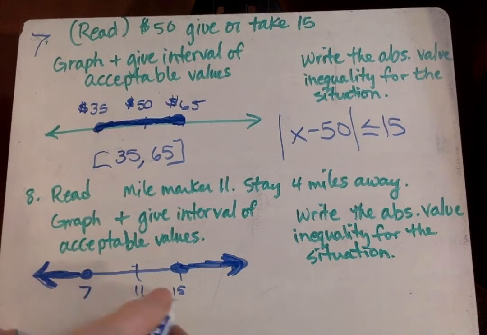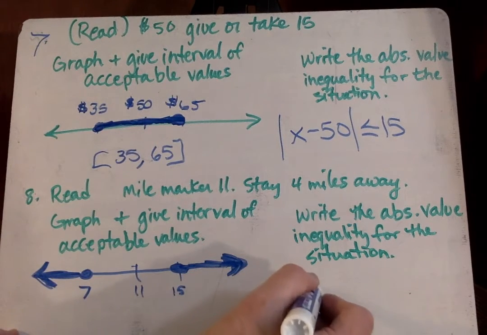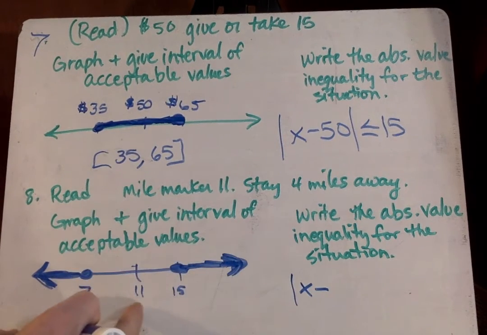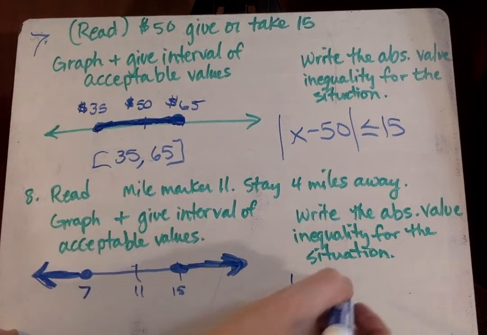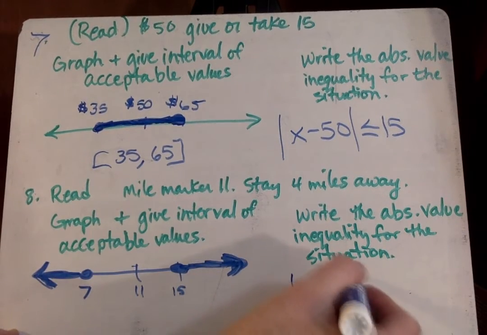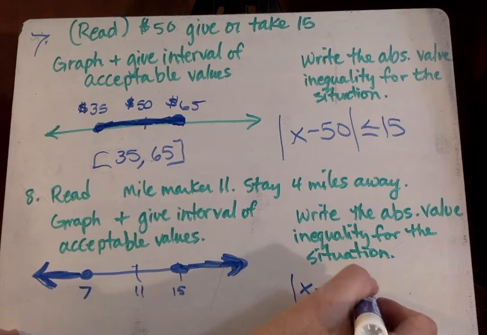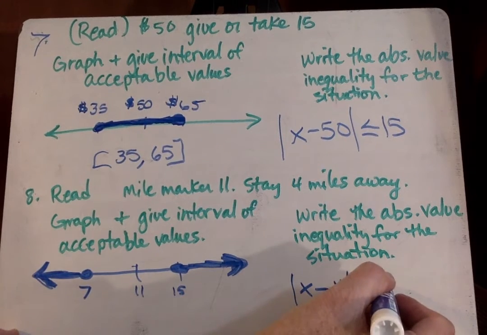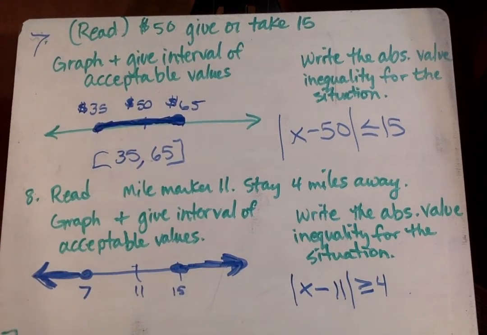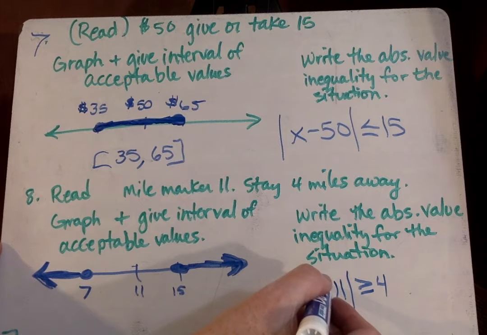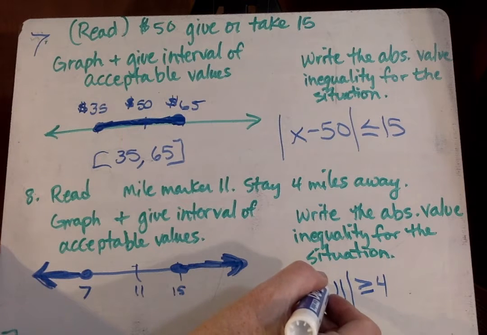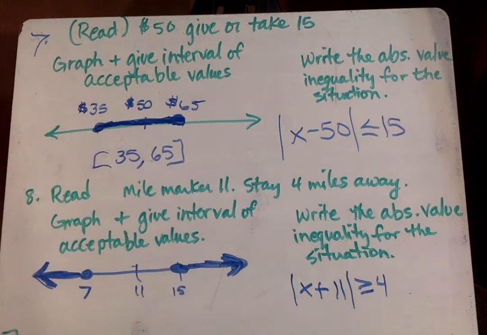So it's going to be greater than. We have absolute value of x minus the expectation, where it happened at, mile marker 11, and we have to be greater than or equal to 4 miles away from there. And actually, I was wrong. This needs to be a plus 11. I might need to do the math on that to make sure. Oh, and I forgot the interval.